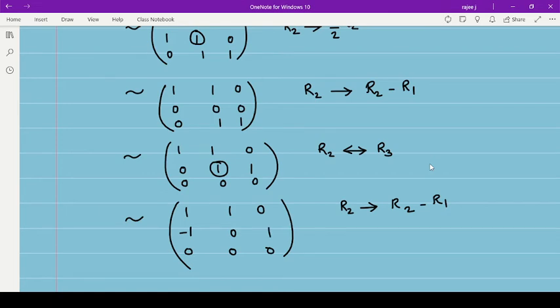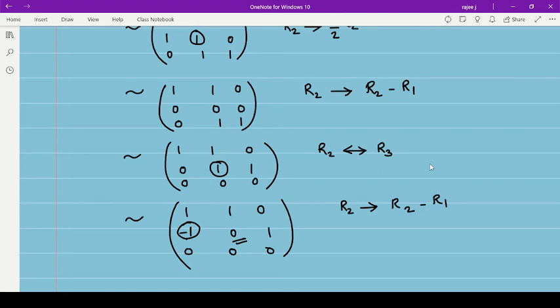In echelon form this is not admissible. In echelon form, when the last row is 0, the second last row must have this element 0. If you make this element 0, then a number comes here, which is not possible.